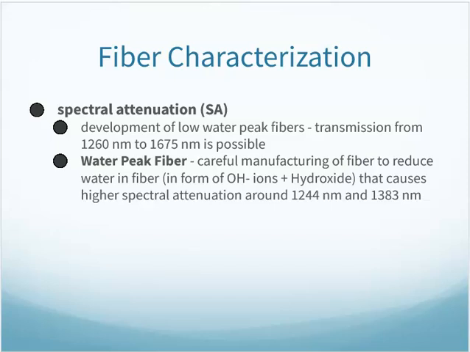Spectral attenuation. If you remember the development of low water peak fibers, this allows transmission in the 1260 nanometer to 1675 nanometer wavelengths, allowing things like wavelength division multiplexing, and so forth. With water peak fiber, the careful manufacturing of fiber optic comes into play to reduce the amount of water in the fiber in the form of hydroxide ions, which cause a lot of spectral attenuation around 1244 and 1383.